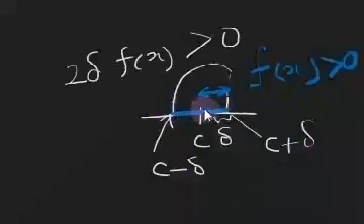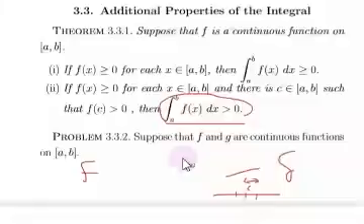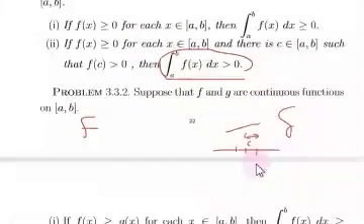Therefore you can prove that this integral is also positive if you consider any part. You can show that. I'm not going to show that part, because we are using these things to solve problems. So let's look at the next problem.